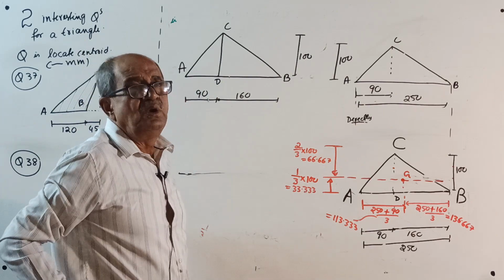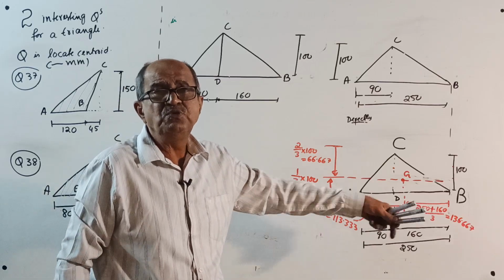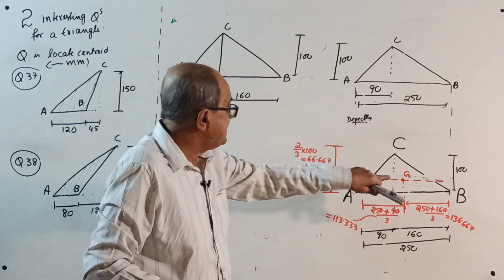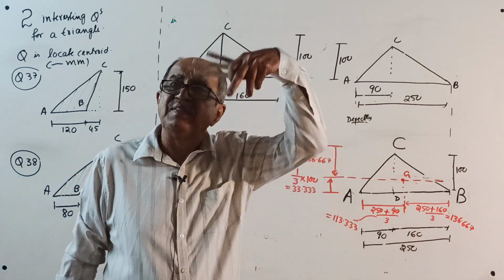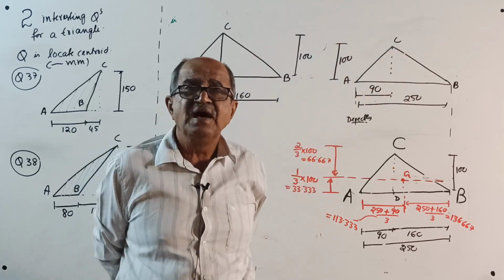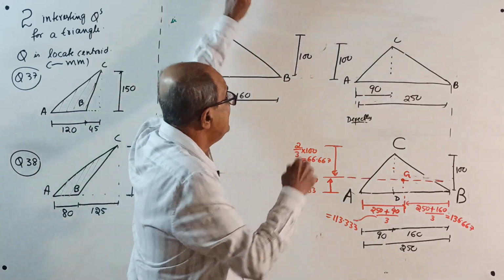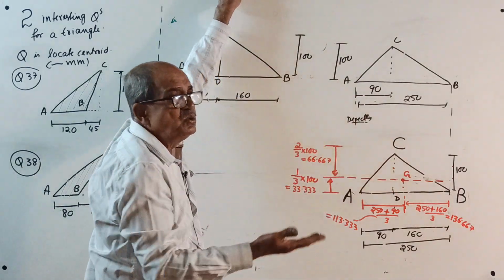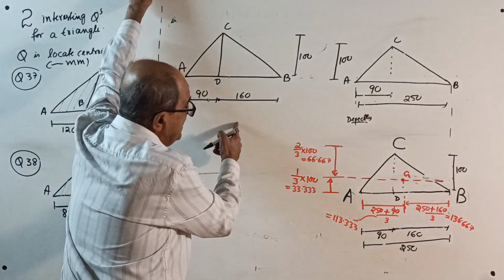Now, what about centroid? For centroid, you can do this way. But if this triangle is a part of a lamina, and there are other areas like some circle or rectangles, then better divide this also into two right angle triangles. Make a note here.